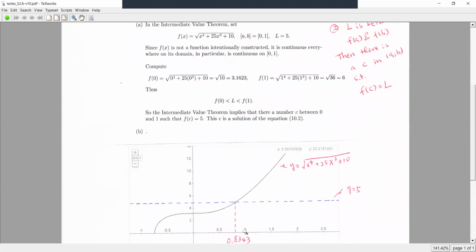From this diagram, between 0 and 1, the graph of the function and the horizontal line have only one intersection point. And the x-coordinate of this point is the exact value of point C. The exact value of point C is 0.8343.